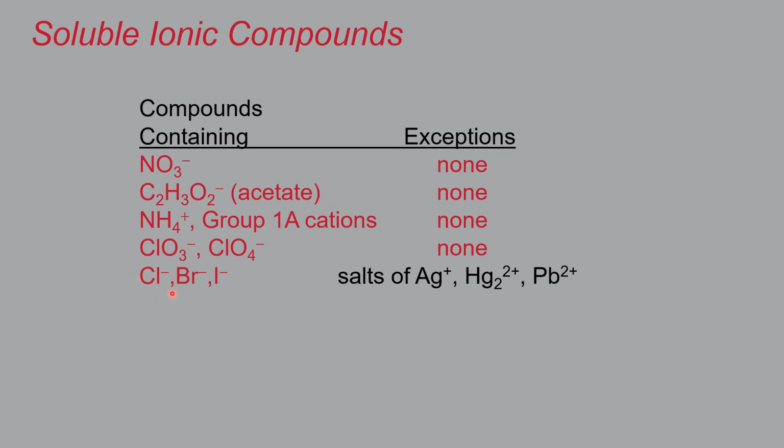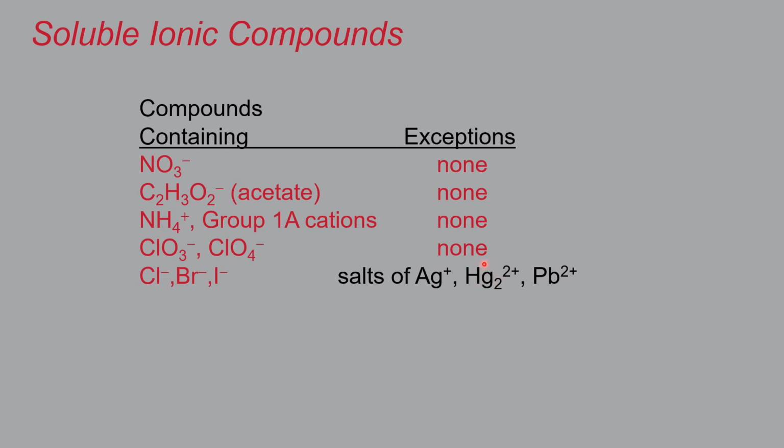If the anions are either chloride, bromide, or iodide, that compound will be soluble unless the cation happens to be silver, mercury, Hg2 2+, so this is mercury 2.